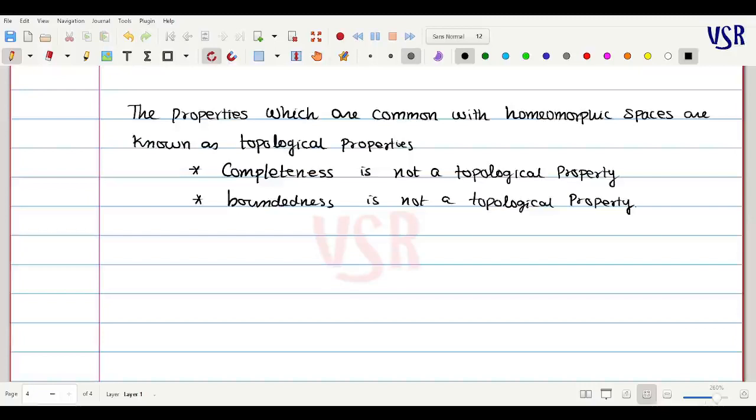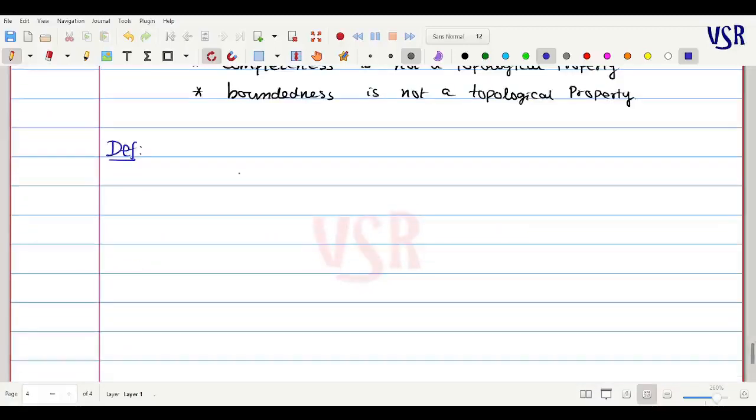Students, now we are going to define another beautiful concept called isometry. Okay, so we'll give an isometry. Definition: let (X1, d1) and (X2, d2) be two metric spaces.